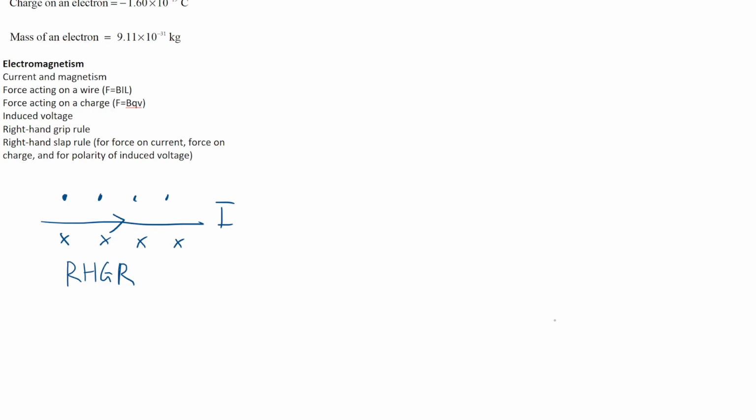So get your hand out, make sure this makes sense to you. Your right hand thumb points to the right in the direction of current. Your fingers curl, like you're giving a thumbs up on the side. Above the wire, they point towards you. They curl down. Below the wire, they point away from you. So dots mean towards you, or out of the page.